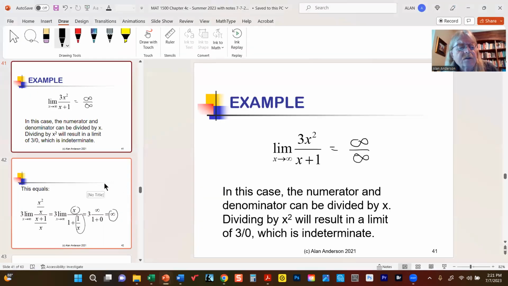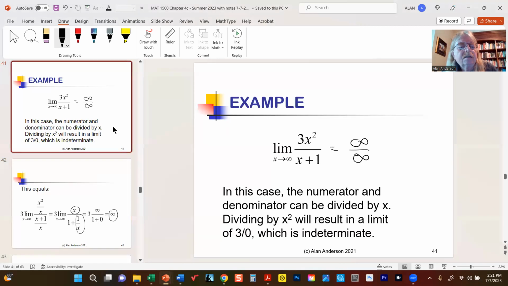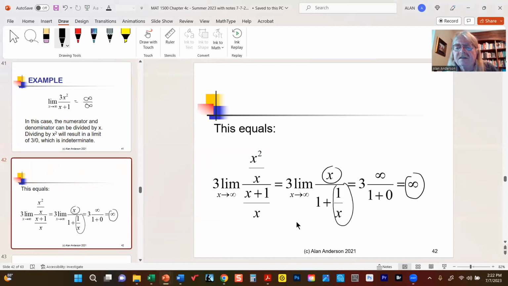So what are we going to do here? This is what happens if you try to divide out by x. Actually, we didn't try x squared, because x squared will leave us with 3 over 0. This is what happens if we divide out by the x.